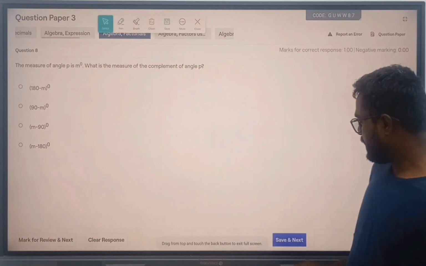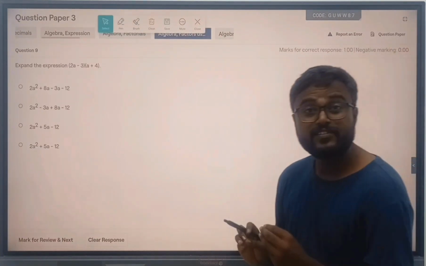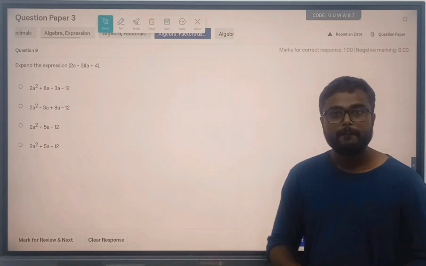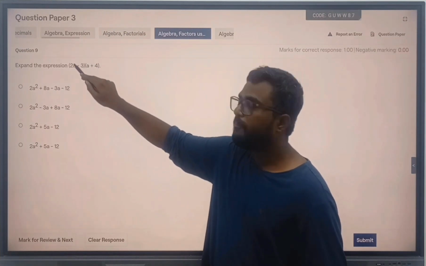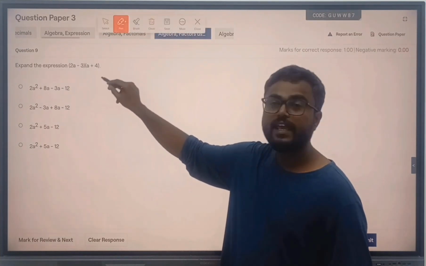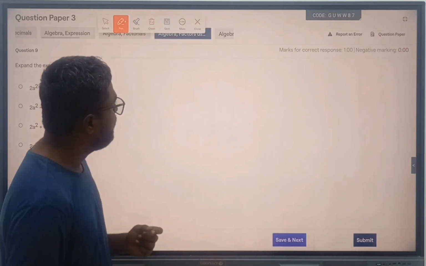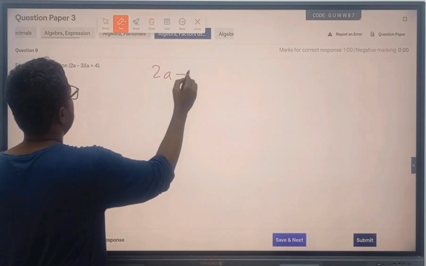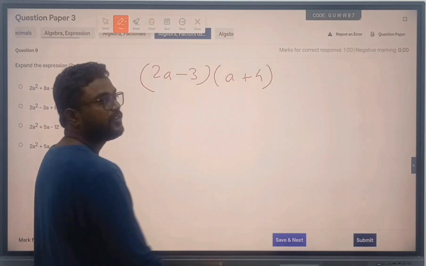So the next question is that we have to expand 2a minus 3 times a plus 4. The first thing I'm going to do is write down this question for you: 2a minus 3 times a plus 4.